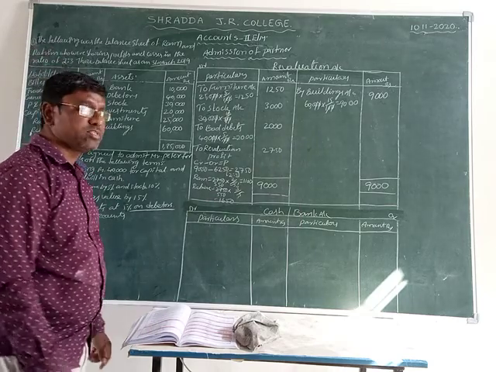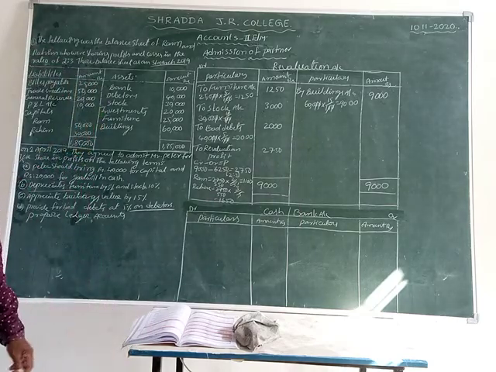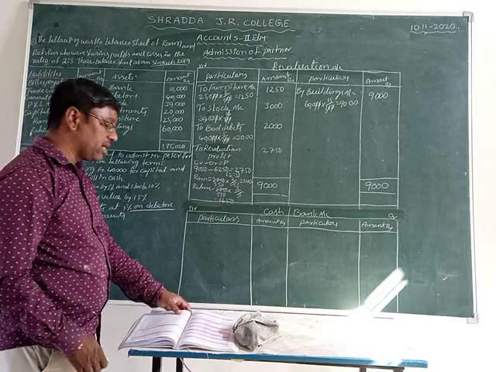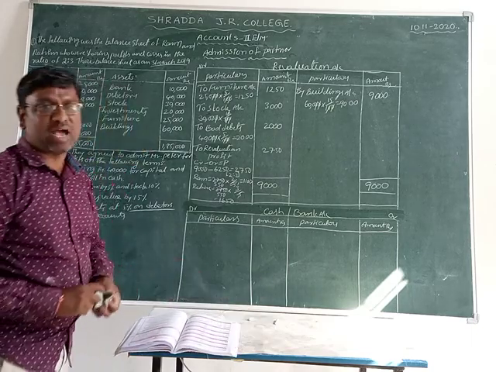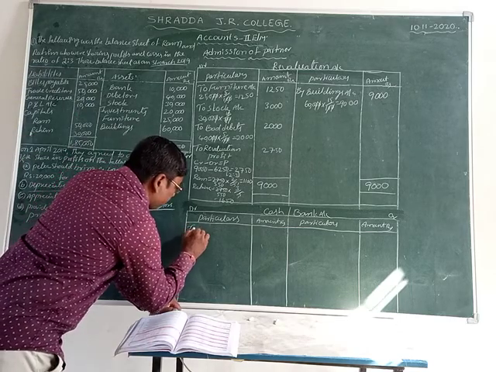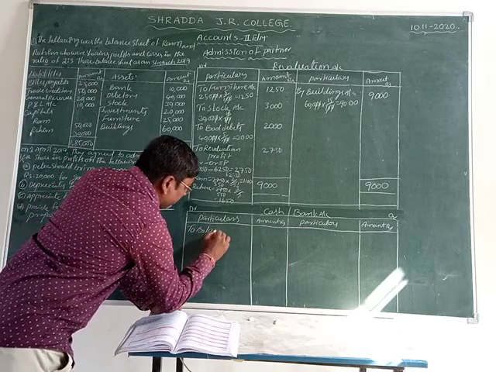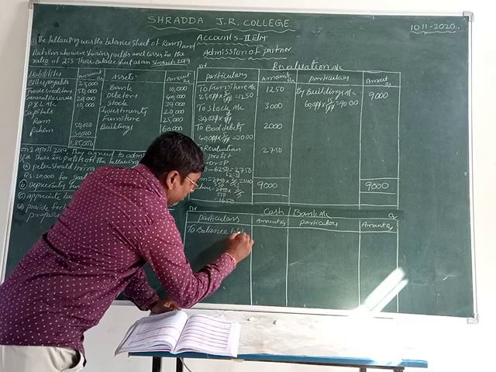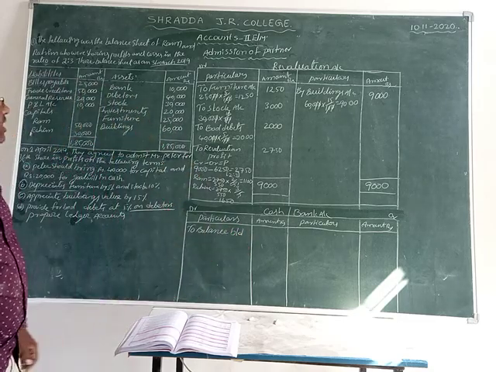So first of all we can take the balance breakdown. Why? Because the cash or bank account has an opening balance. Where is that balance breakdown?